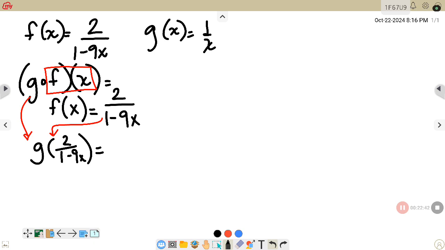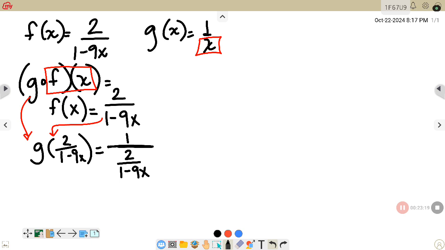So what this is telling me to do is to go to my g function, replace its x with what is in that parentheses. So I will have 1 over, replace the x with 2 over 1 minus 9x. Now, just like when we were finding the composition the other way around, I ended up with a fraction that is too complicated. So remember how we fixed that in the last one.